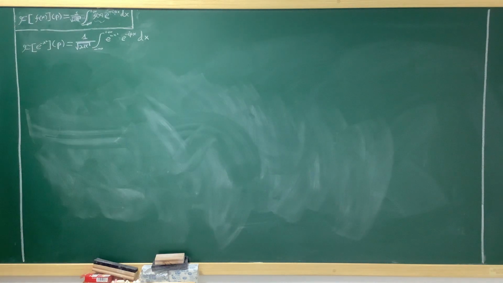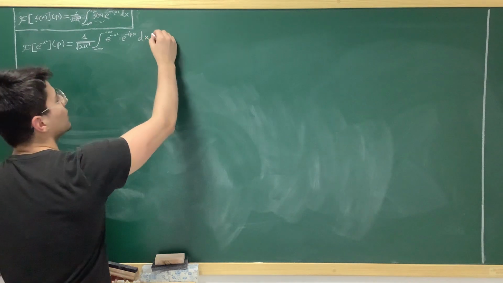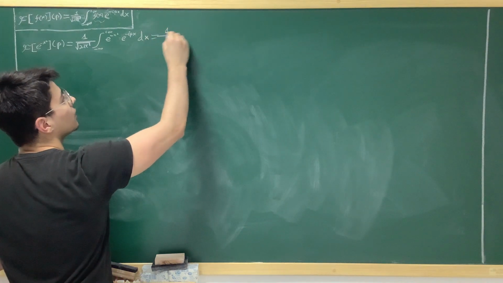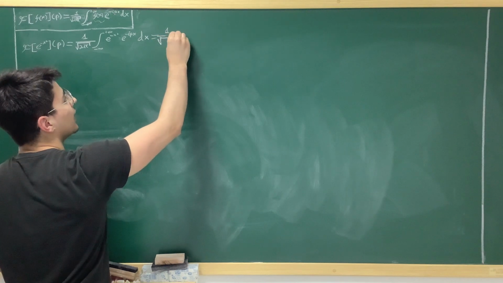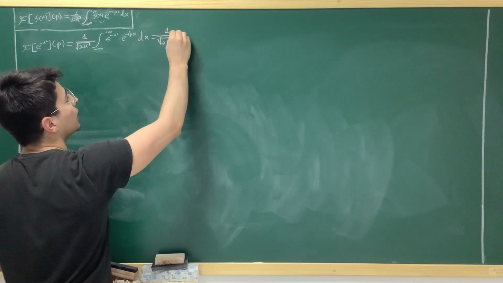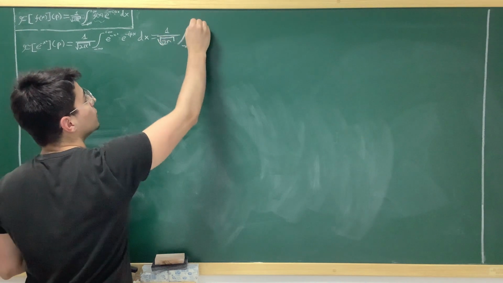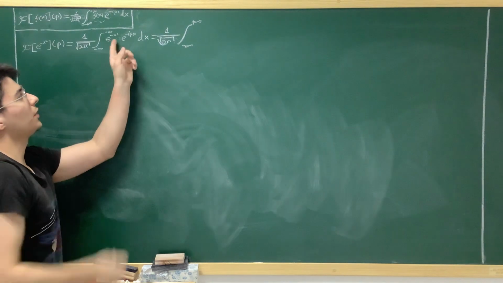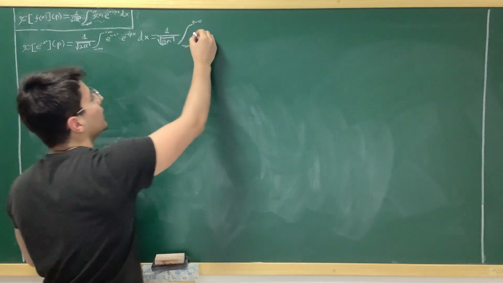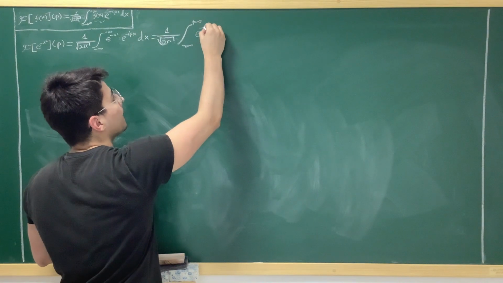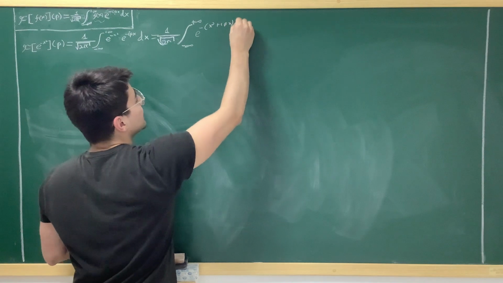The Fourier transform of e to the minus x squared. Well, there's a common way of proceeding with this kind of integrals, so let me just rewrite this. We get our integral from minus infinity to positive infinity, and we can use properties of exponentials and add the two exponents, x squared plus ipx, dx.